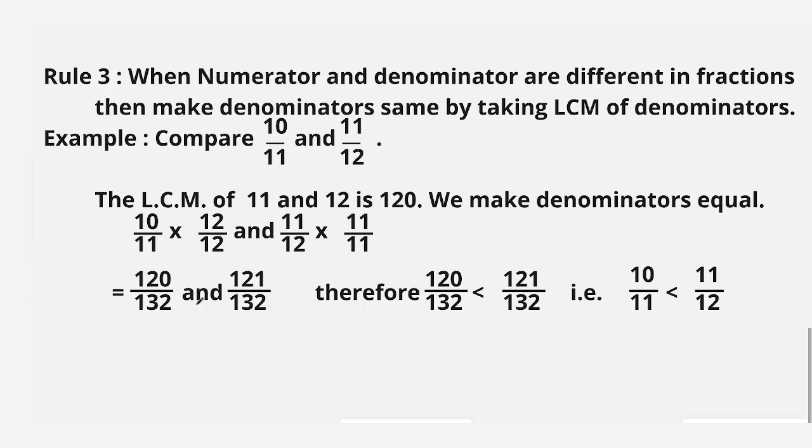Now we can easily compare the numerators. The numerator 120 is less than 121. Therefore, 120 upon 132 is less than 121 upon 132. That is, 10 upon 11 is less than 11 upon 12. This way we can easily find which fraction is less and which fraction is more, or which fraction is smaller and which fraction is greater.